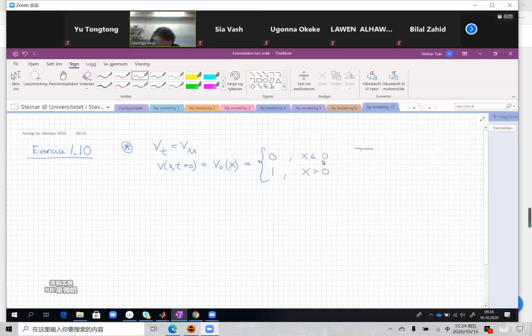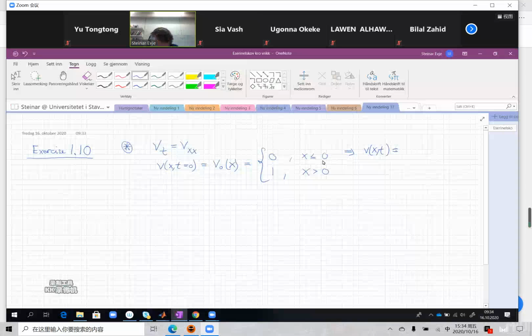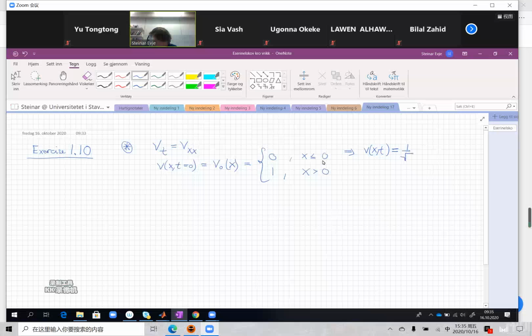And then we have shown that we can compute an exact solution for this special case.